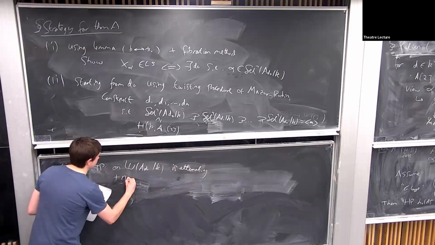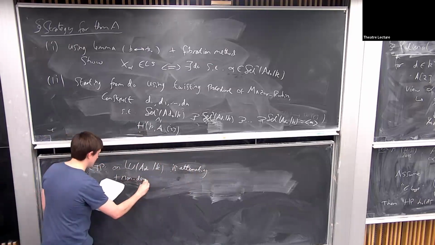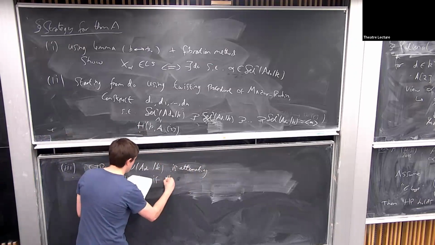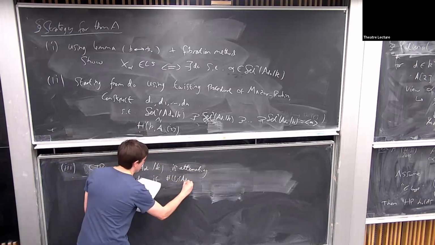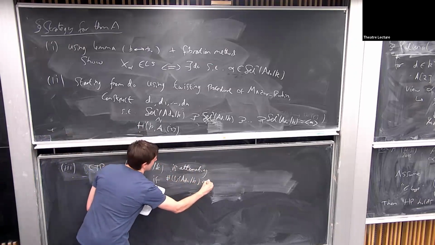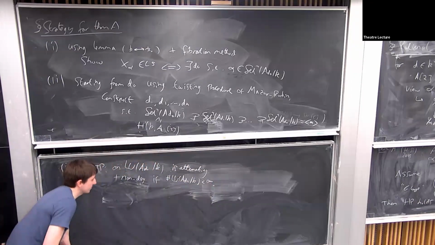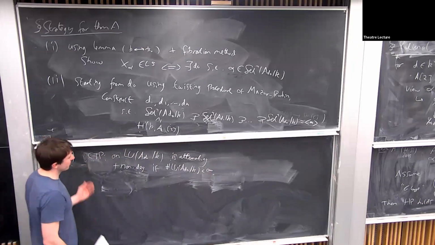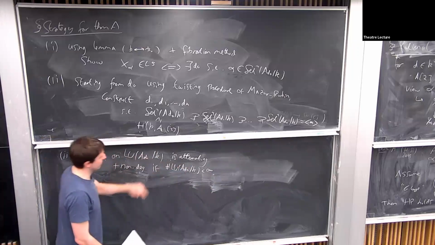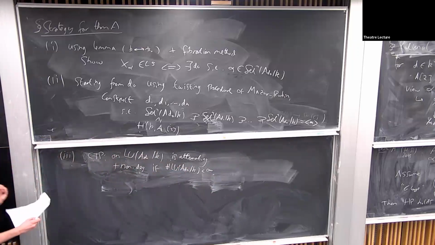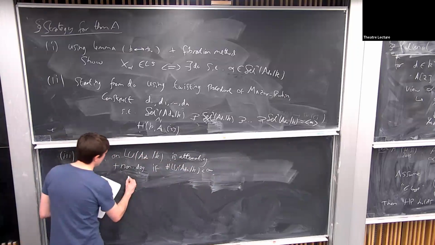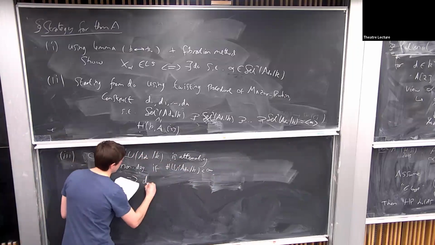So it's non-degenerate, and the Shafarevich-Tate group of the twist is finite. And whenever you have a non-degenerate alternating pairing on a finite abelian group, that group has even dimensional 2-torsion. That's a general fact.